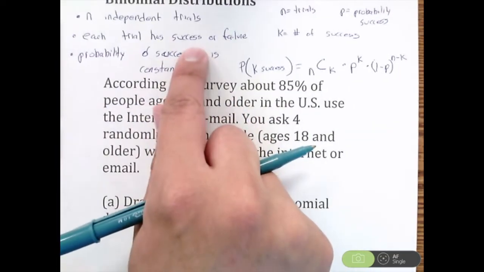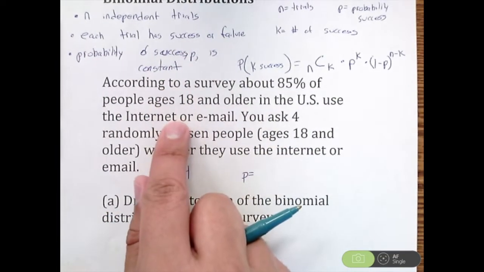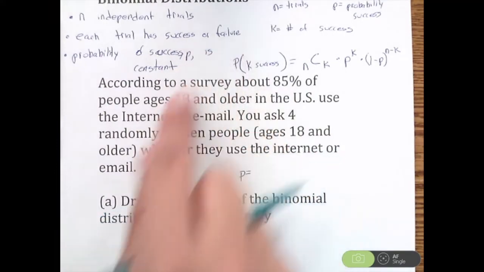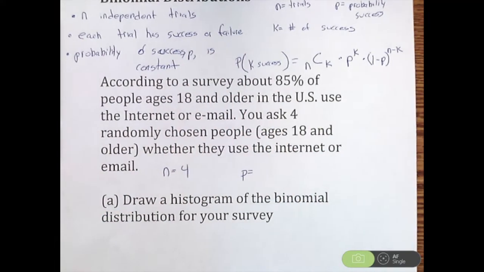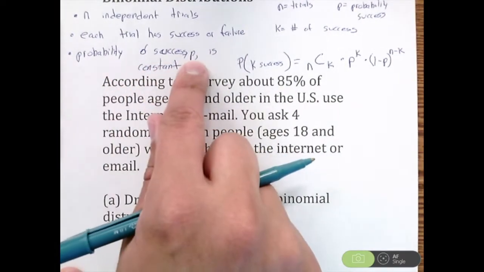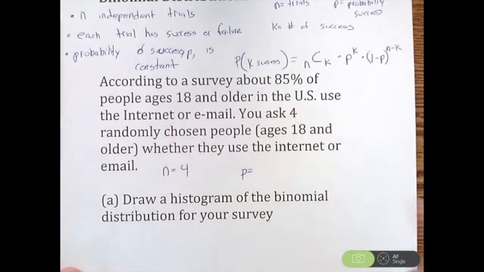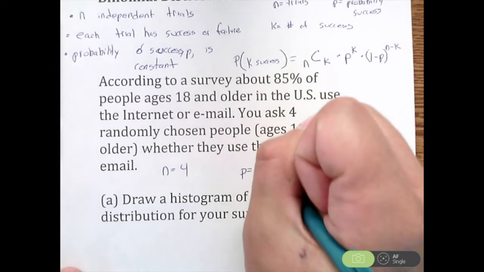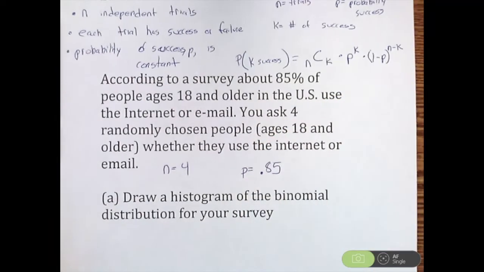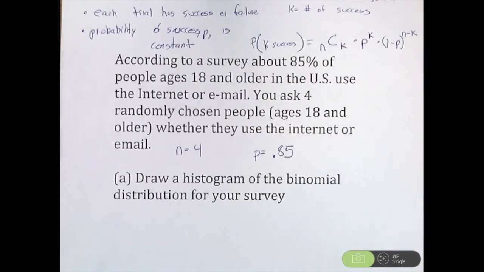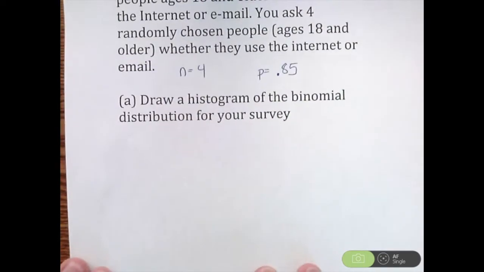Our success would be someone saying yes, they use internet or email. Failure would be they do not. And that probability is constant because they tell us the probability is 85%, but we're going to use the decimal equivalent, 0.85.